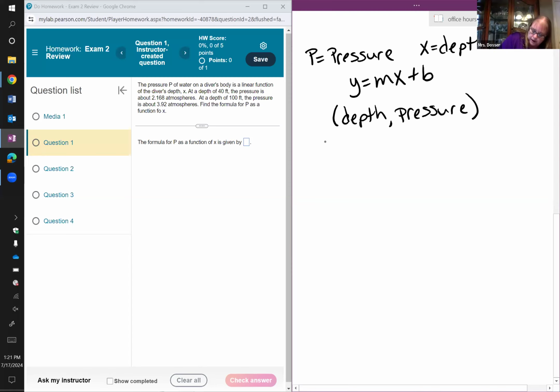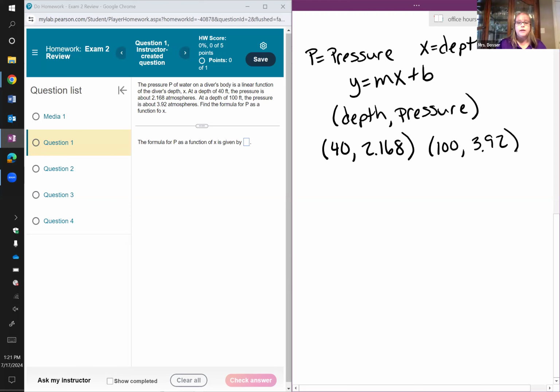So we can create the ordered pair (40, 2.168). The next sentence says a depth of 100 feet has a pressure of about 3.92 atmospheres. So our second ordered pair is (100, 3.92).